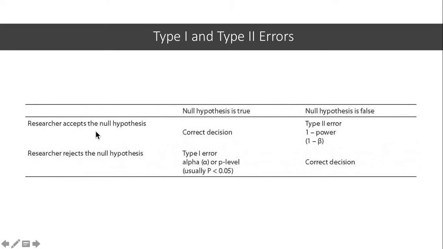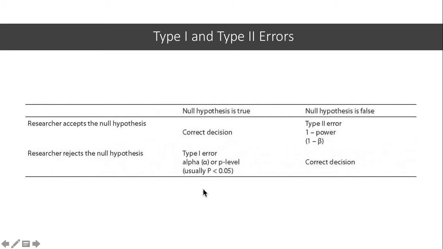So if a researcher accepts the null hypothesis and it's true, they made the correct decision. If the null hypothesis is false, but he accepts the null saying there is no difference, this is a type 2 error, and it's 1 minus power, meaning we take about a 20% risk that that can occur.